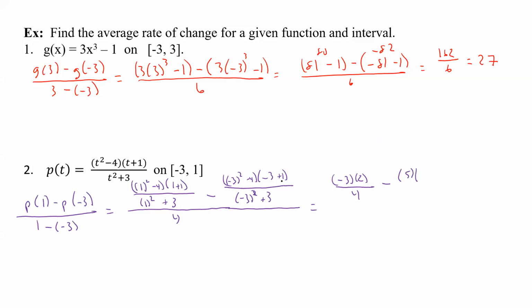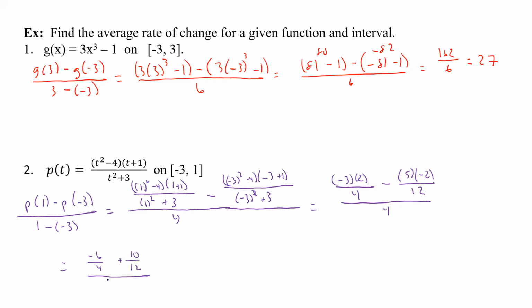And then we have negative 3 plus 1, so it's a negative 2. And then we have here negative 3 squared, so it's a 9, plus 3, so it's a 12. And then that's all over 4. All right, so that's going to be a negative 6 over 4. Minus, and then we could do plus because it's a negative, so it'd be a plus, and that'd be 10 over 12.